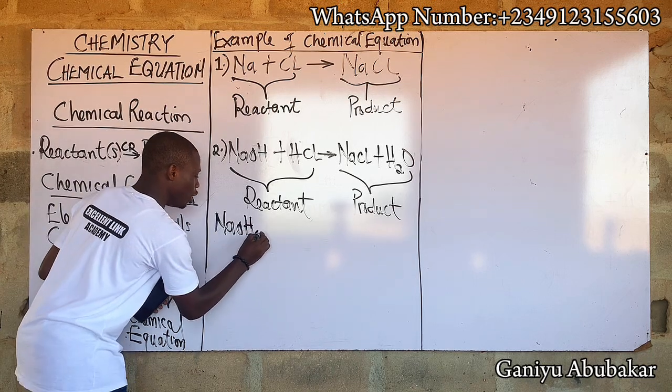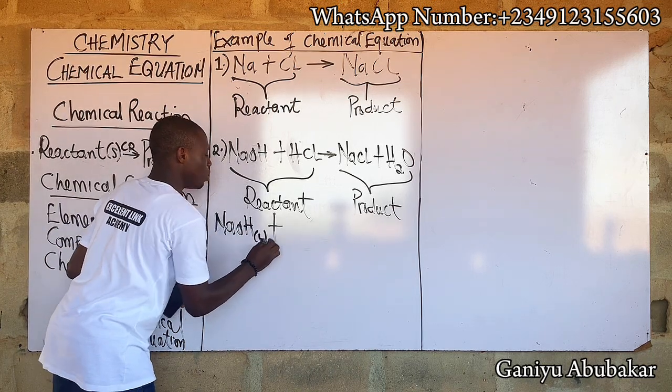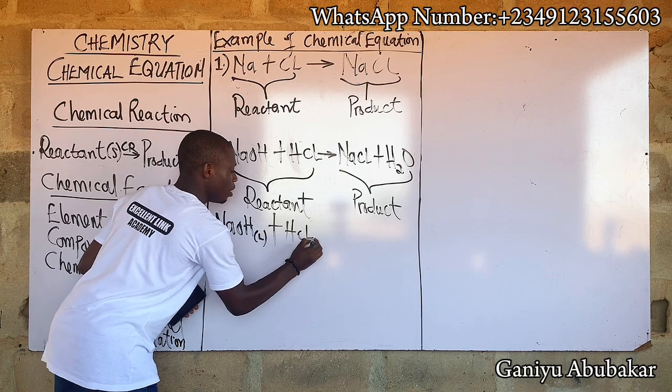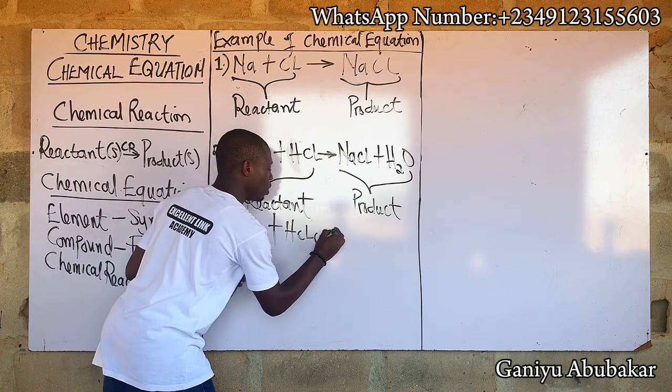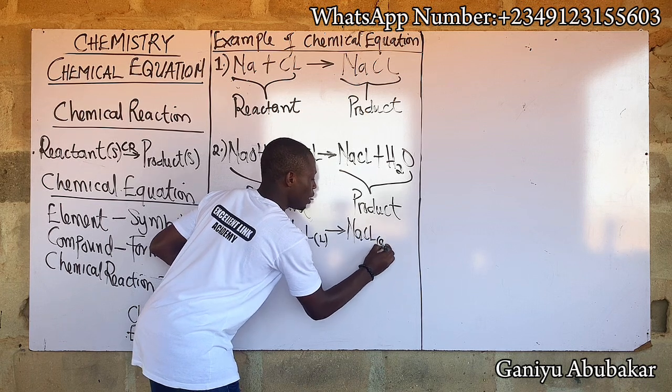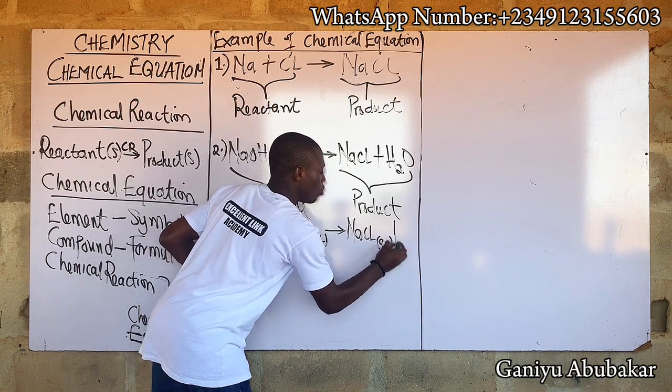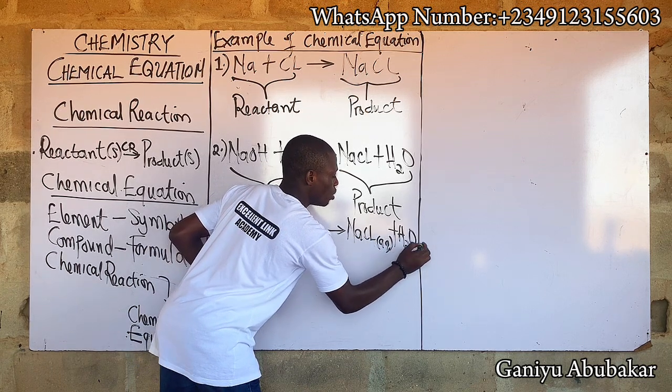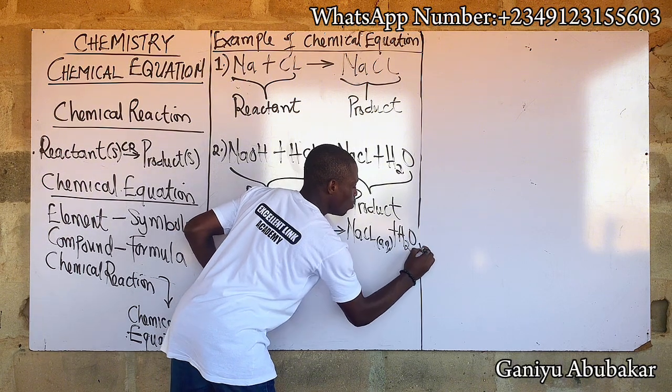This, of course, is a liquid, combined with HCl, still a liquid, to give NaCl, which is an aqueous solution, plus H2O, still a liquid.